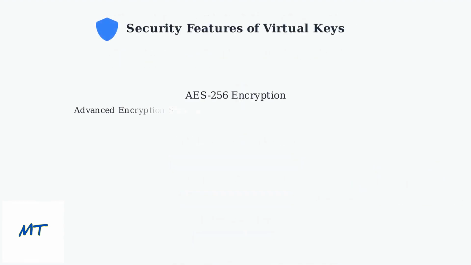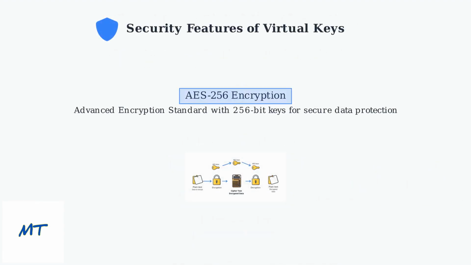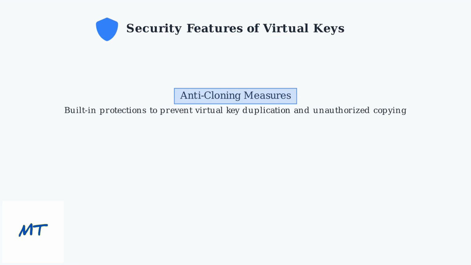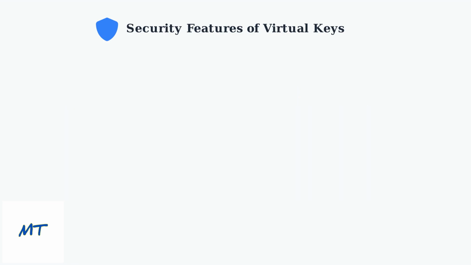Virtual keys in the Schlage Home App use AES 256 encryption, the advanced encryption standard with 256-bit keys, ensuring robust protection for your access data. They also include anti-cloning measures, which are built-in protections designed to prevent unauthorized duplication or copying of the virtual keys.